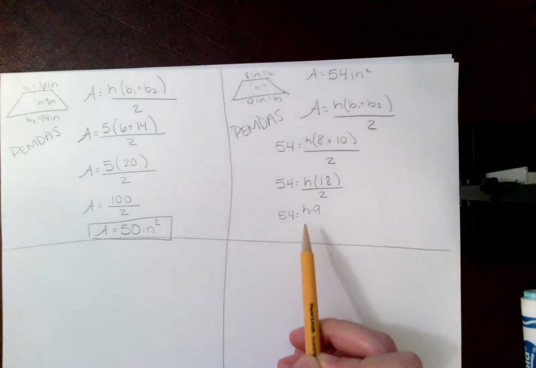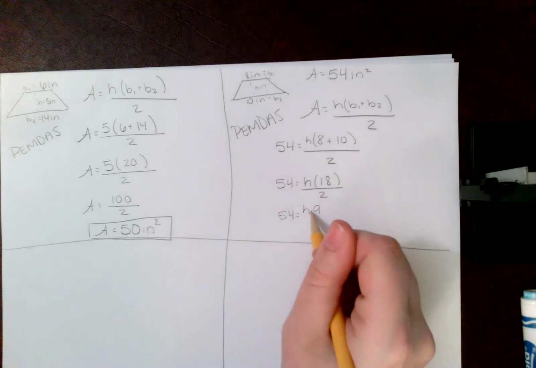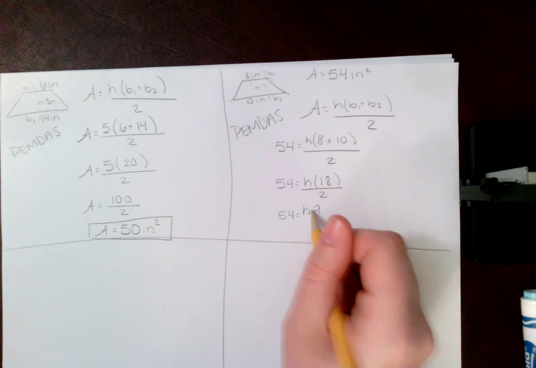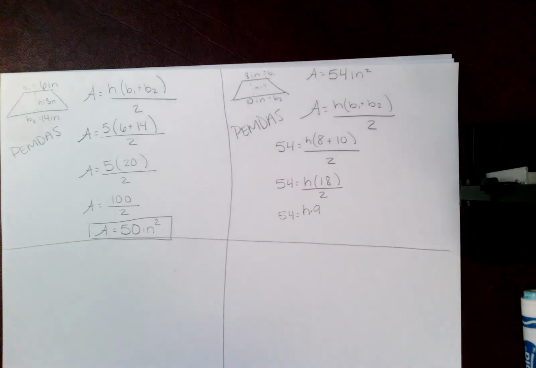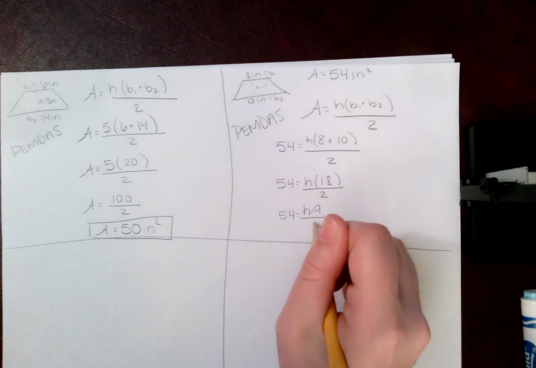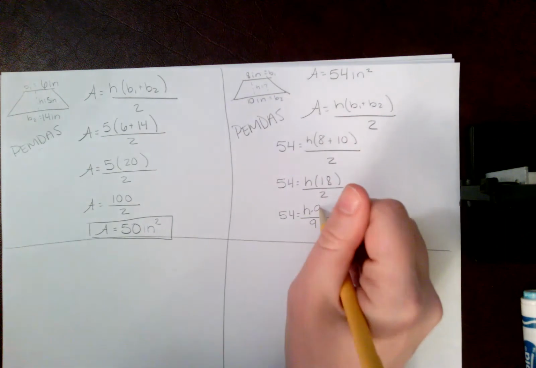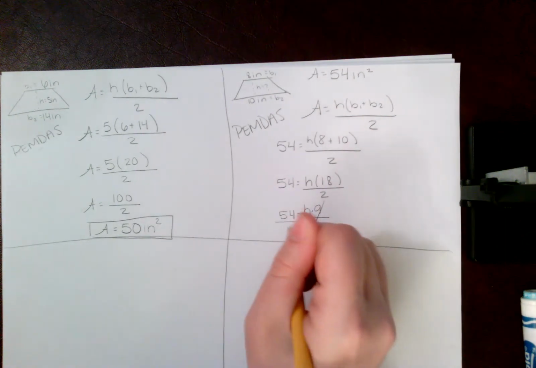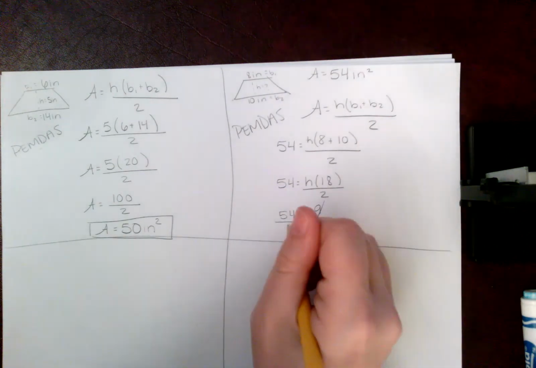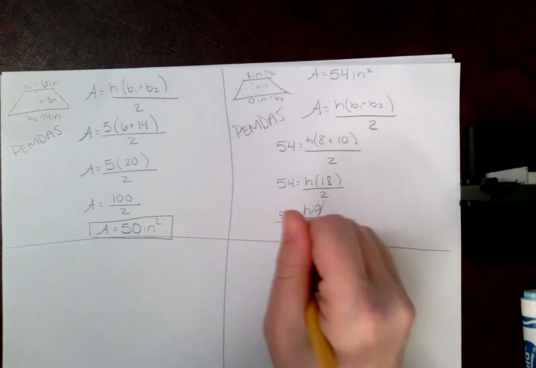To get H by itself, that's what's going to tell us what our height is. So we have an issue here because our height, or this H variable, is being multiplied by 9. To get rid of that 9, we have to perform the inverse or opposite operation, which is division. The opposite of multiplication is division. So we divide by 9 to cancel that out, and whatever we do on one side, we have to do on the other. So we are going to divide 54 by 9, and that is going to give us 6.